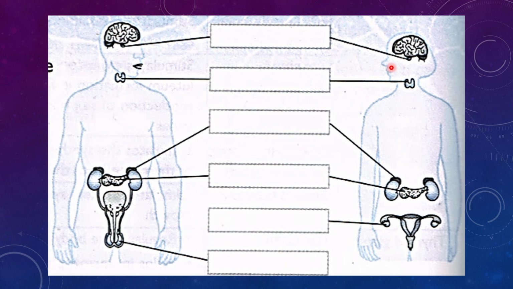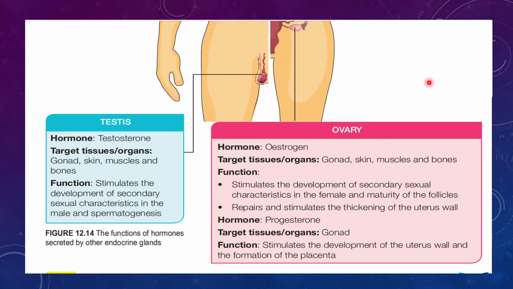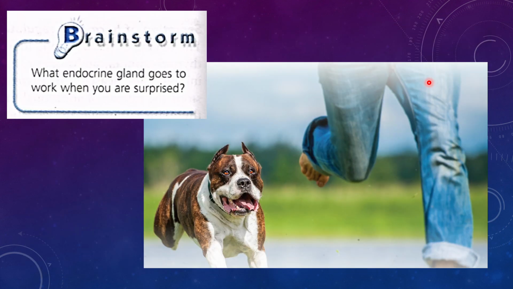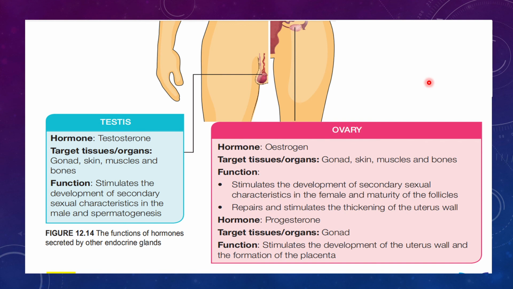Now, if you're given a table like this, can you label it? What gland? So this might be the first step of recognizing the location of the glands and then naming their respective hormones as well as their functions. Alright, then we can stop here.